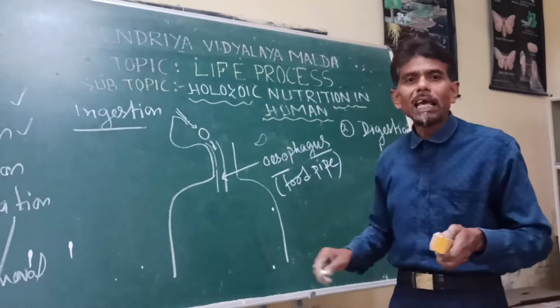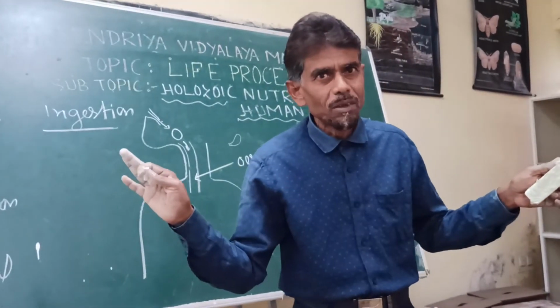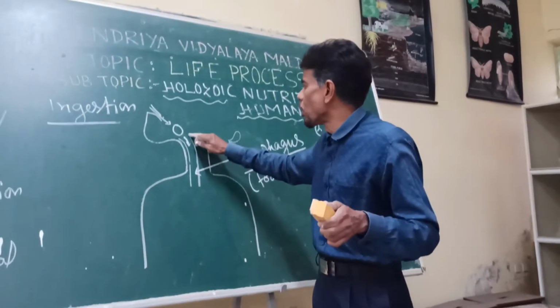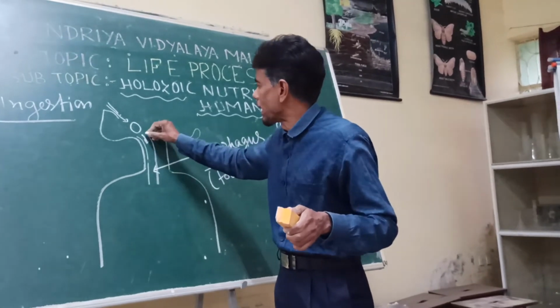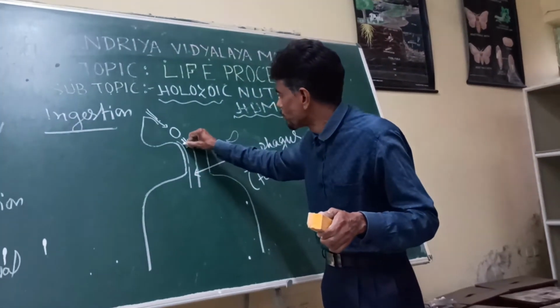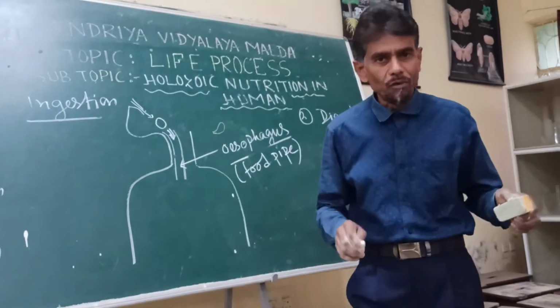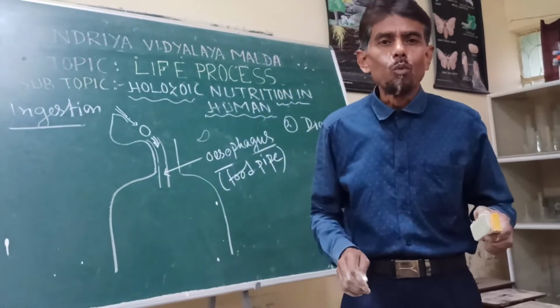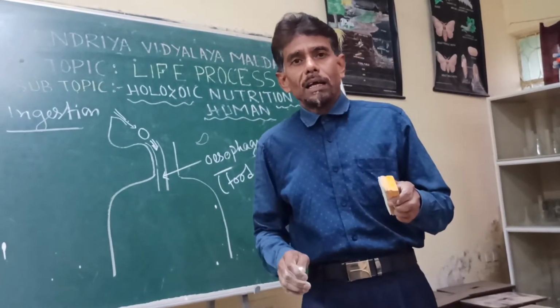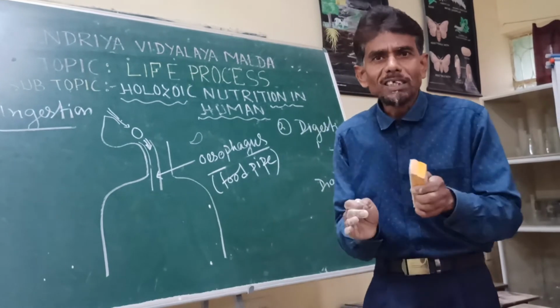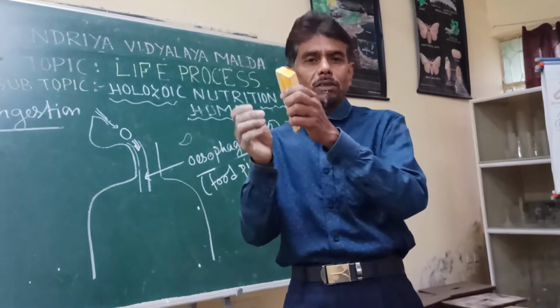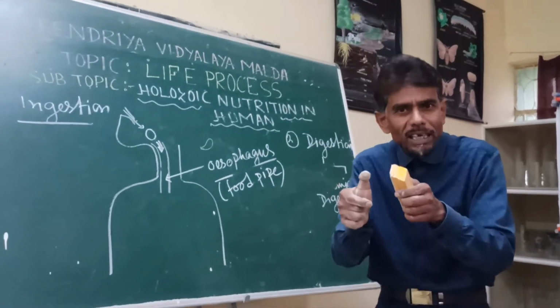This is called the epiglottis. Thereby it prevents the entry of food into the windpipe; rather, it directly enters the food pipe, the esophagus. The esophagus is just acting as the tube for passage of food.